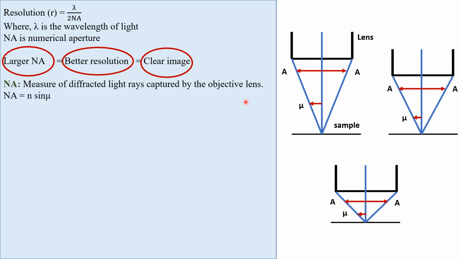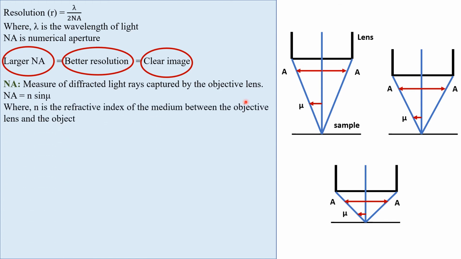Now, NA is equal to N sin mu, where N is the refractive index of the medium between the objective lens and the object. Mu is the half angle of light acceptance. So this is the full angle and mu is half.